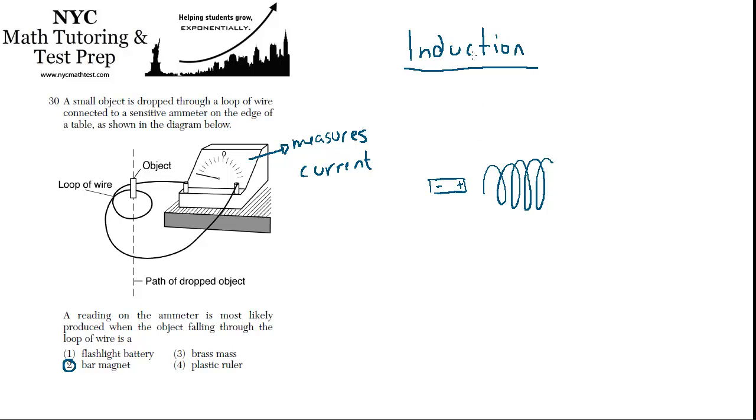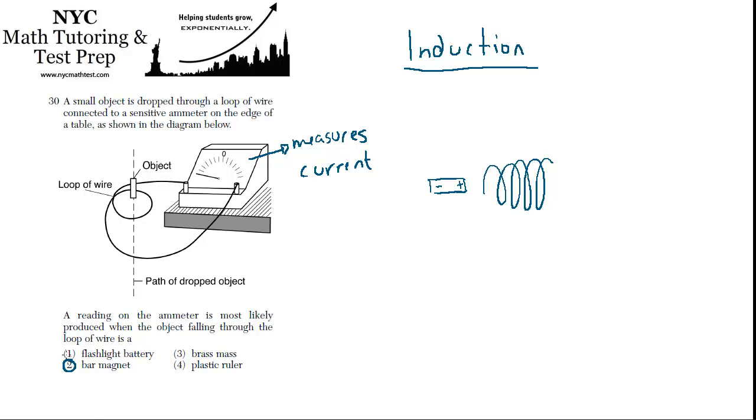So the short version is that induction describes a relationship between electric and magnetic fields, so you can induce one with the other. In this case, we're inducing an electric current by using a magnetic field, and a bar magnet is the best choice.